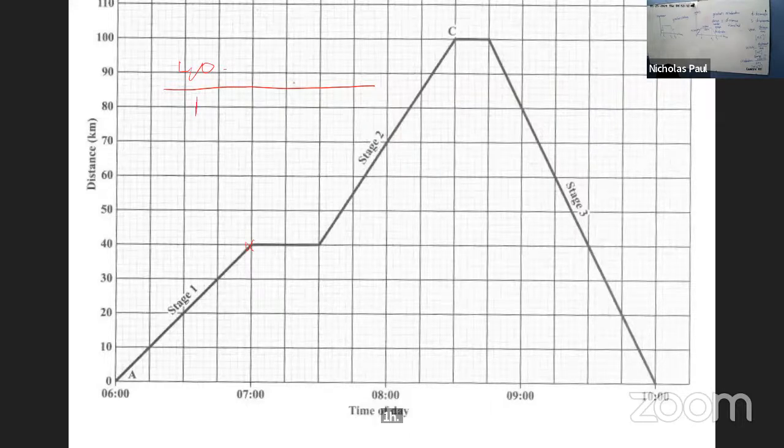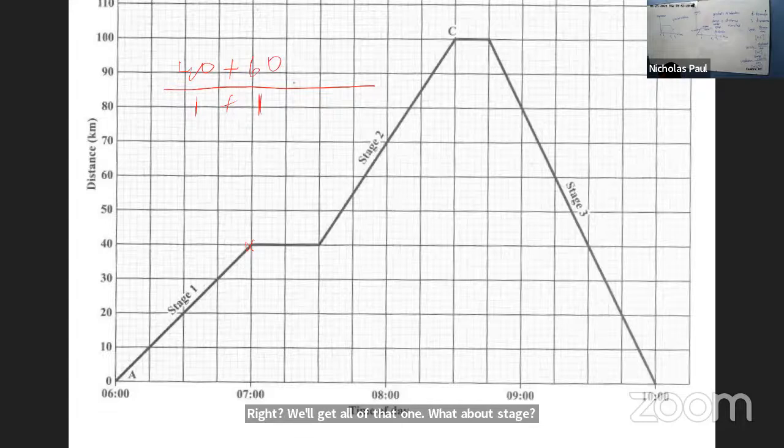What about stage 2? 60. Nice. How long did it take? 1 hour. Nice. And stage 3? How many kilometers? 100 kilometers. And how long did it take?